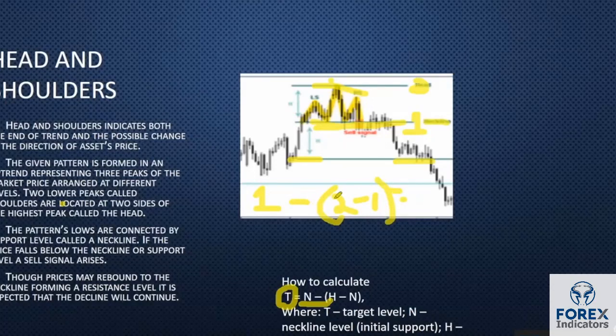So we have 1 minus 2 minus 1. So 2 minus 1 is 1. 1 minus 1 gives us 0. And the exact difference down would be 0. So if this was 2, this was 1 on a graph, this would have been 0.